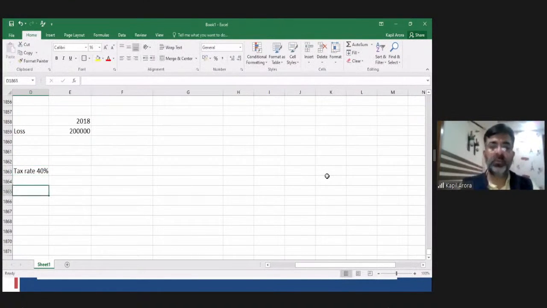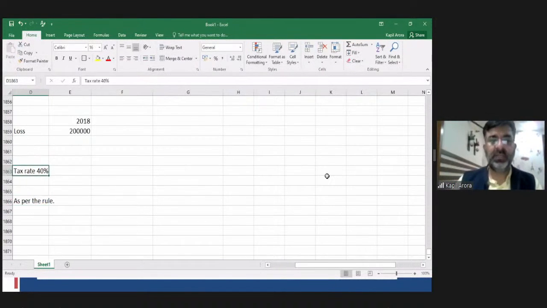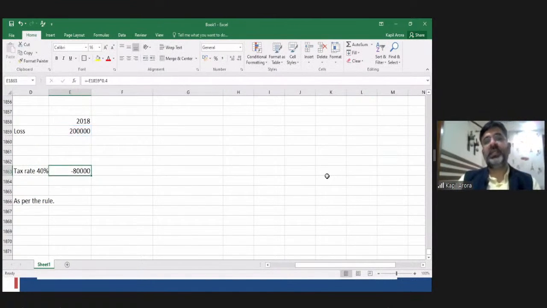Now, as per the rule, can the company go to the government and say, I have made the loss? What is the tax on this? Tax on this is 2 lakh into 40%. 80,000 is the tax. You give me this tax back.